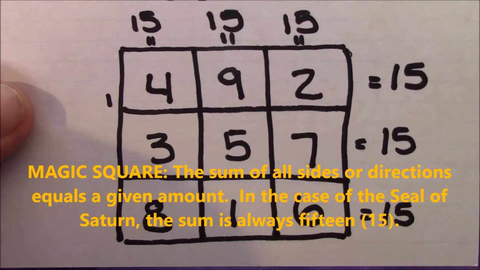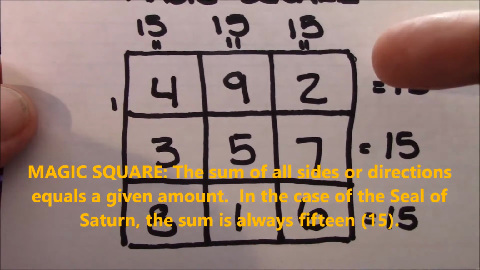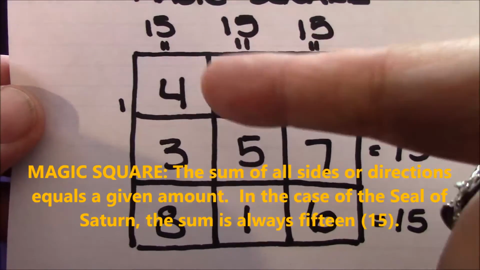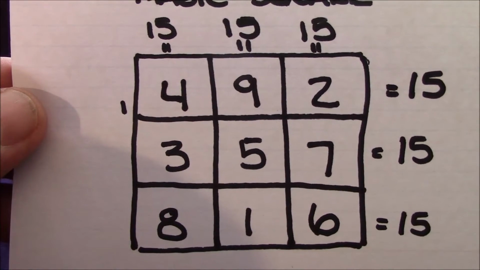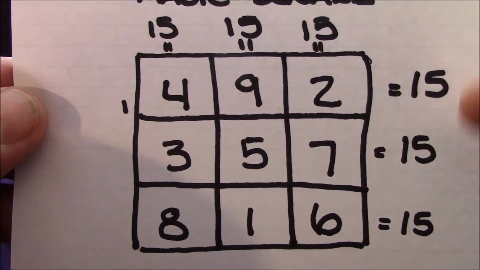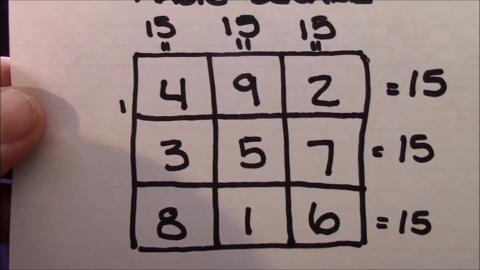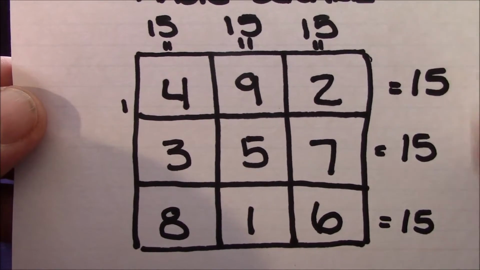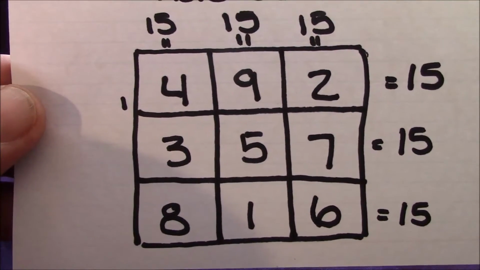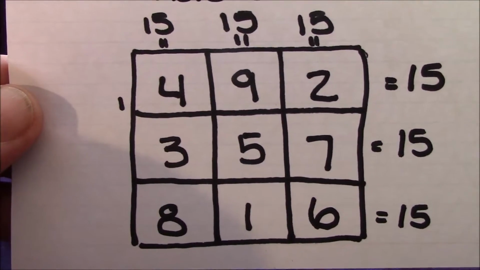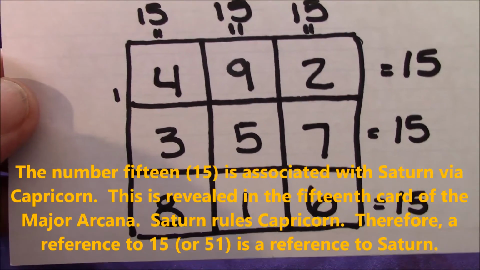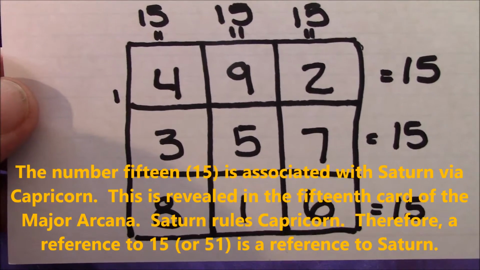In this case, the reason they're called a magic square is because regardless of direction, horizontally, vertically, or diagonally, the square's sum will always equal the same amount. In this case, the square's sum equals 15 in all directions. The reason this is associated with Saturn is because the number 15 is tied to the astrological sign Capricorn.